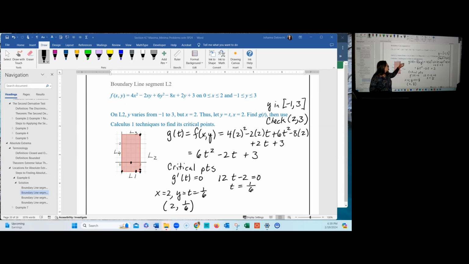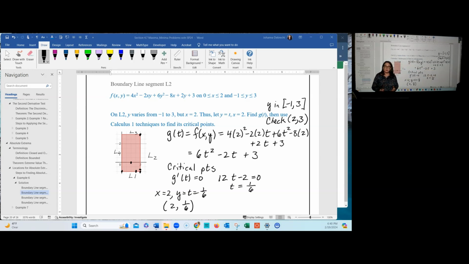To parameterize line 2, since y is changing, but x is always 2, we let x be 2, and y be t, and allow t to vary from -1 to 3. Replacing x with 2 and y with t in the original equation of the function, we get g of t equivalent to the function f as 6t squared minus 2t plus 3.